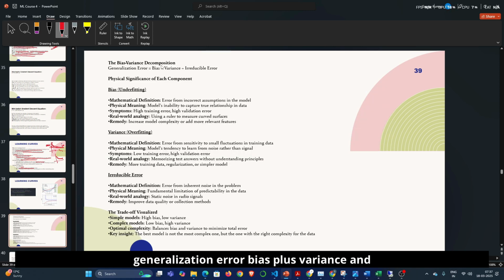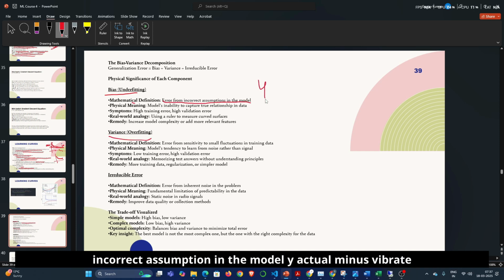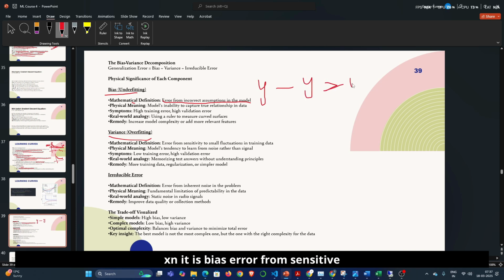Bias-variance decomposition: generalization error is bias plus variance plus irreducible error. What is bias? Underfitting. Variance is overfitting. Bias is error from incorrect assumptions in the model, y actual minus y prediction. Variance is error from sensitivity to small fluctuations in the training data.